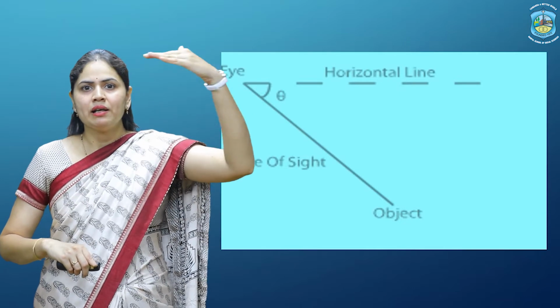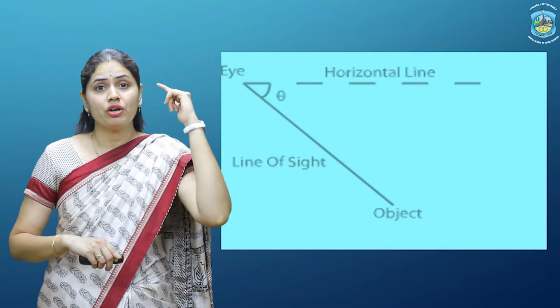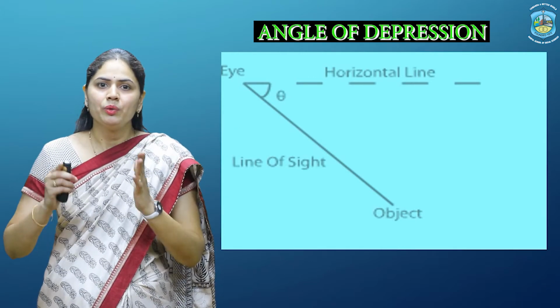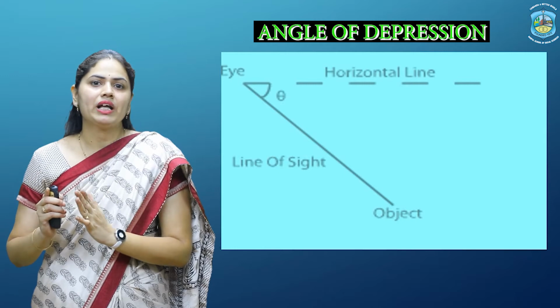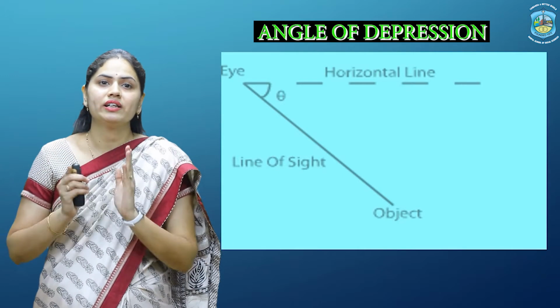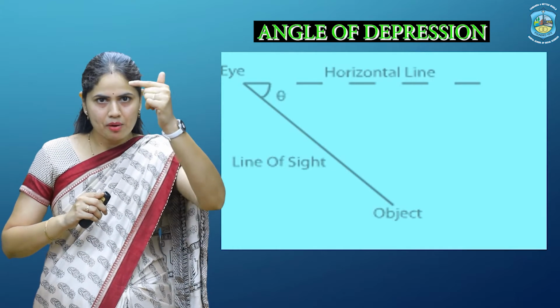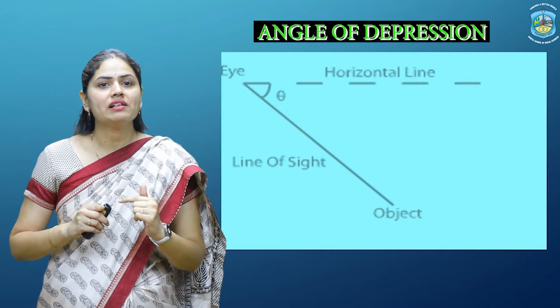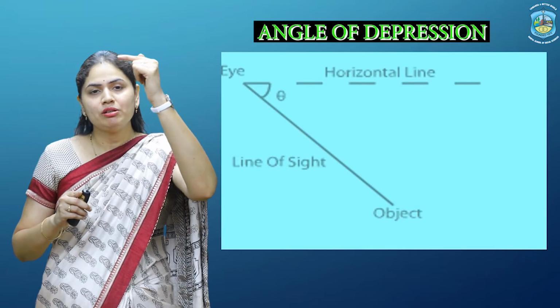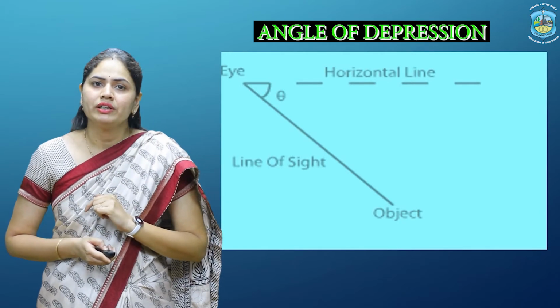The angle made with the horizontal line on top is called the angle of depression. We can easily say that the angle of depression is always outside the triangle, not inside, and the opposite or alternate angles are equal. So the angle which is inside the triangle will be equal to the angle of depression.